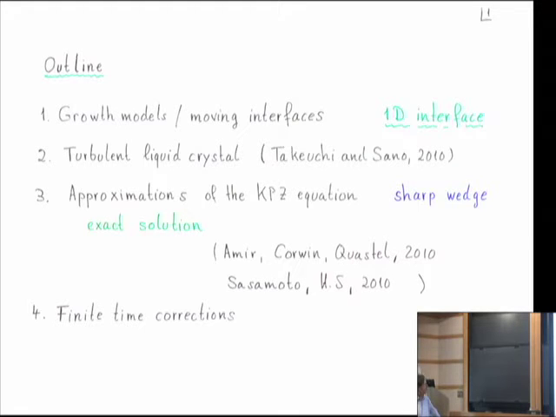Then comes the more mathematical part, namely the issue of exact solutions of this Kardar-Parisi-Zhang equation with sharp wedge initial data. This is work which was done independently, in parallel, without knowing of each other, by Amir, Corwin, and Quastel, so that's the Courant-Toronto connection, and in Munich. The starting point is exactly the same.